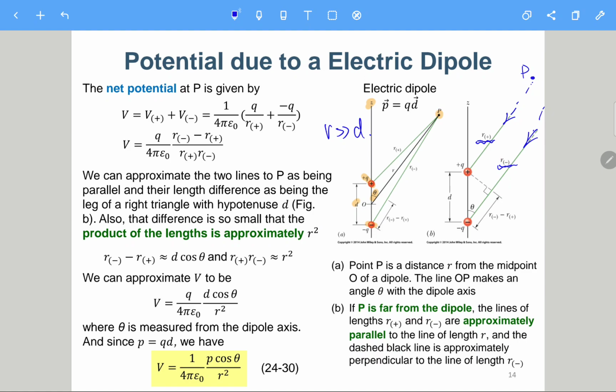So this length is R minus R plus. So we have V equals V plus V minus, and it will be nothing but K times Q over R plus R minus Q over R minus.